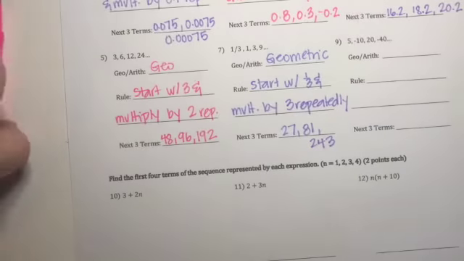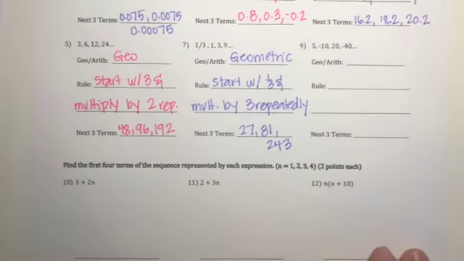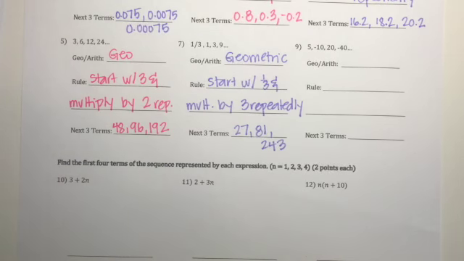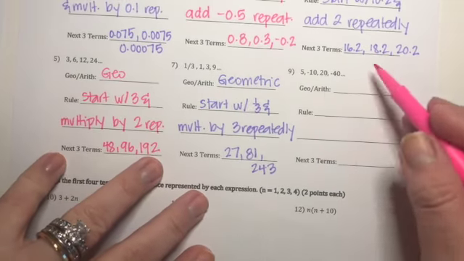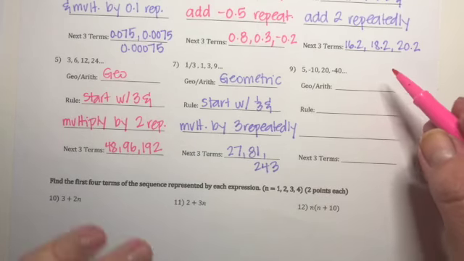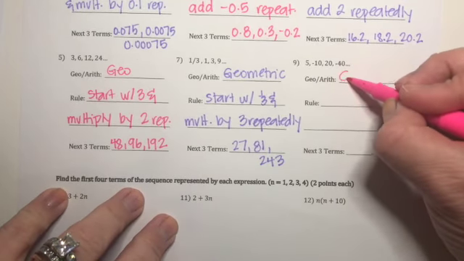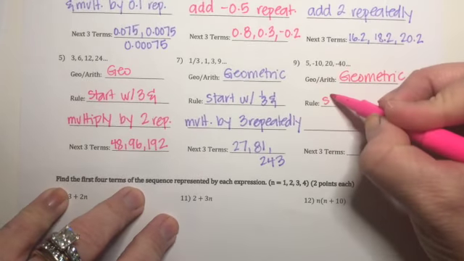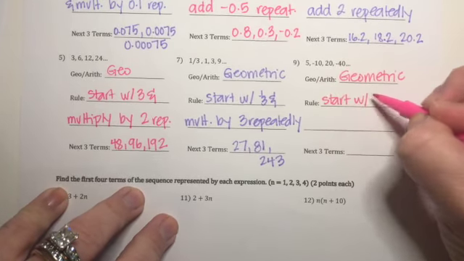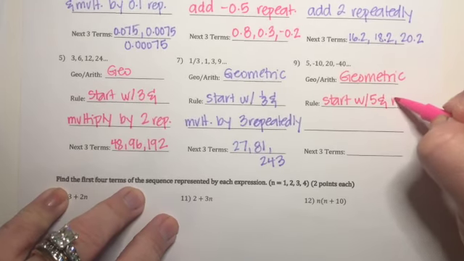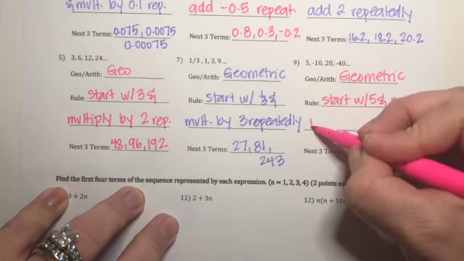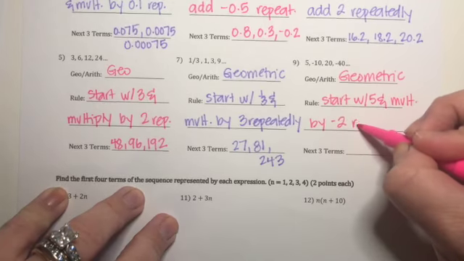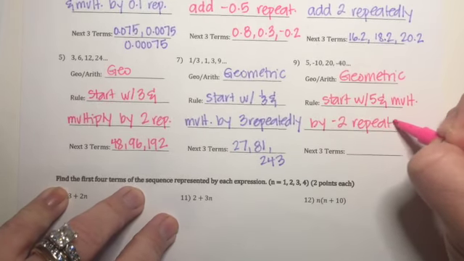And then number 9, this one looks weird because we're going positive 5, negative 10, positive 20, negative 40. So that should tell you that you're multiplying by a negative. So it's geometric. And the rule is start with 5 and multiply by negative 2 repeatedly.